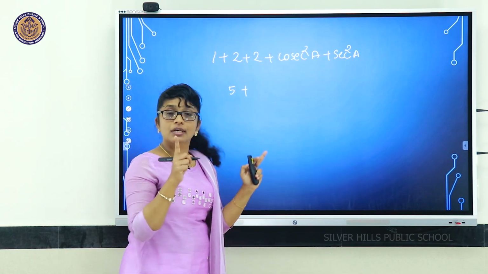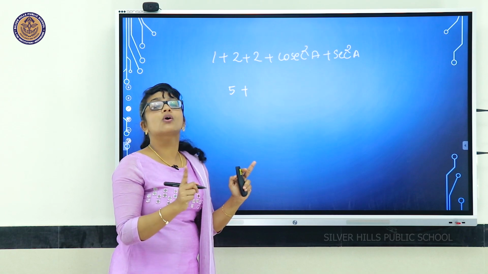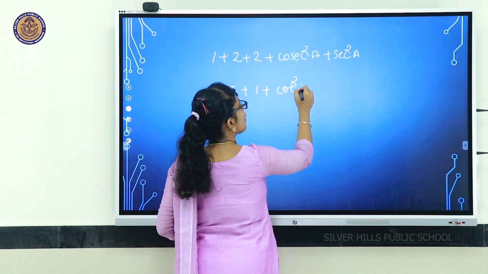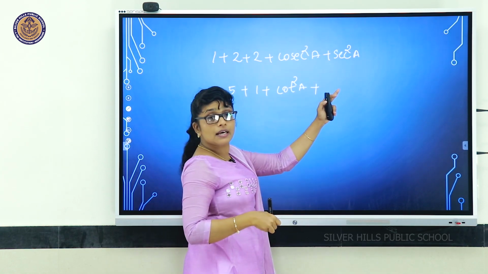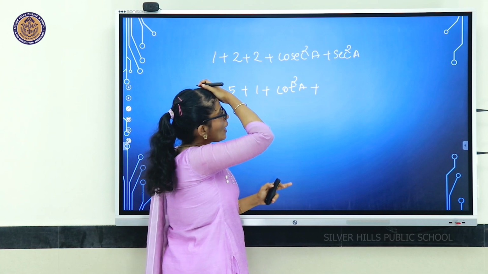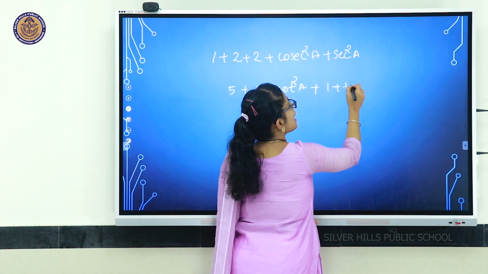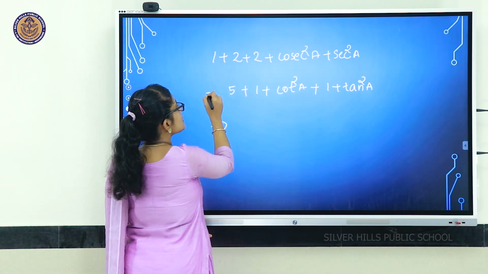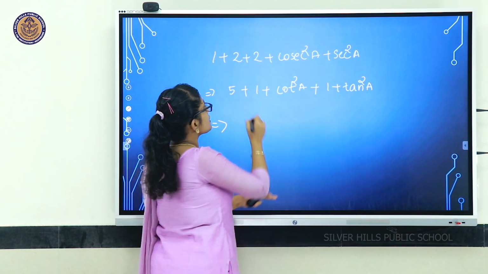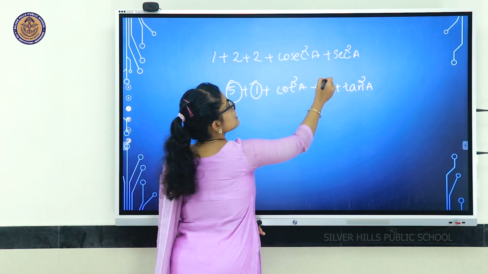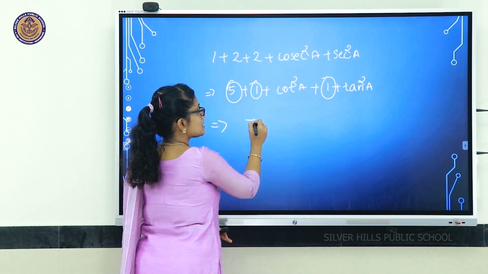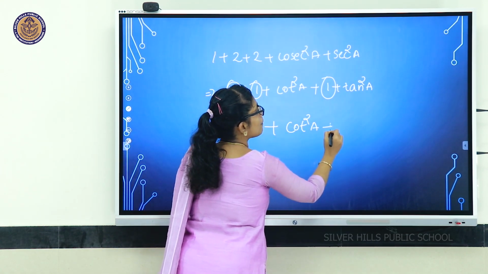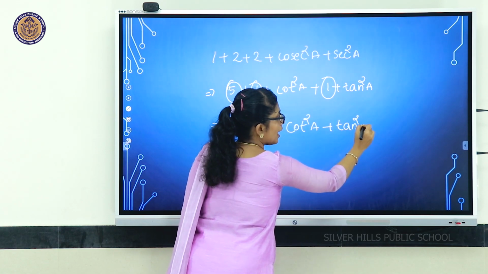So if you change cosec square A into 1 plus cot square A, then you will get one more 1: 1 plus cot square A plus sec square A. What is sec square A? 1 plus tan square A. Now 5 plus 1 is 6, and 6 plus 1 is 7. 7 plus cot square A plus tan square A.